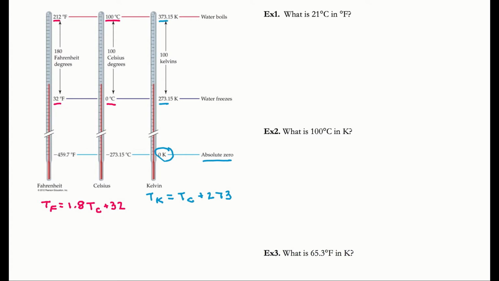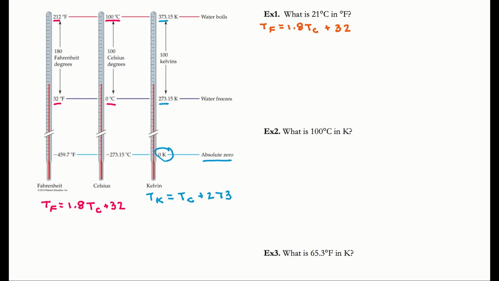All right, so now let's work on converting between Fahrenheit, Celsius, and Kelvin with 3 examples. Here it says, what is 21 degrees Celsius in Fahrenheit? So I need to use my formula. I know that my temperature in Fahrenheit equals 1.8 times my temperature in Celsius plus 32.